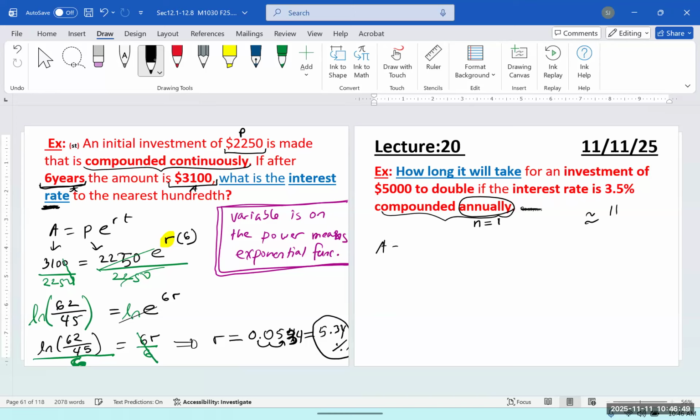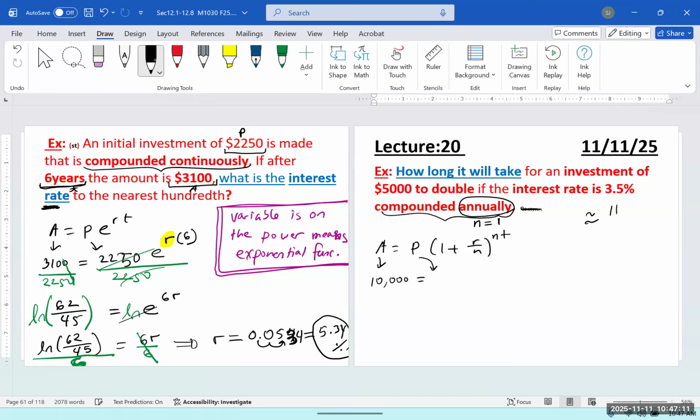So we have A equals P, 1 plus r over n, whole thing raised to the power nt. Please memorize this formula correctly. You need this formula. So what is the final amount we are hoping to get? 10,000.